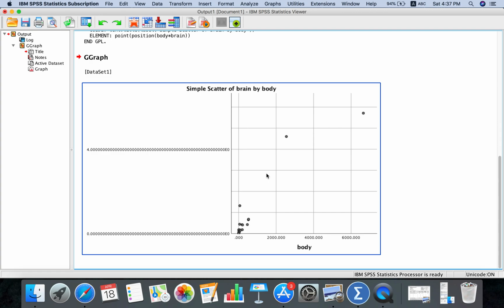So this is the scatter plot. Apparently you are not getting much. Most of the data are clumped over here, and then there's a large spread, primarily because most of the animals have body mass below about 1,000 kilograms, but there are a few animals with very large body mass.